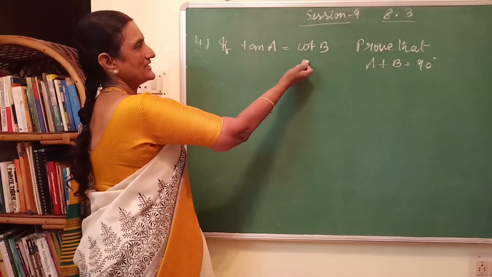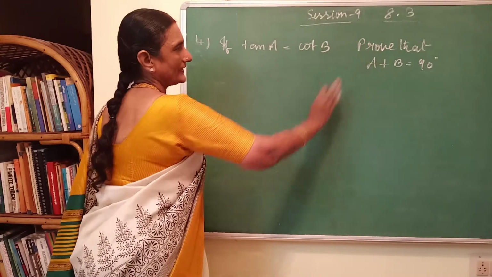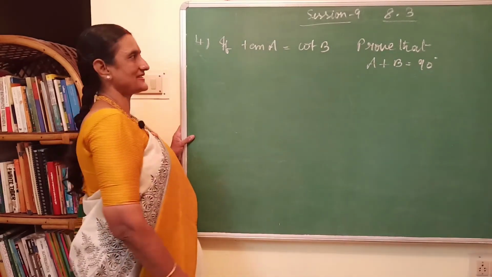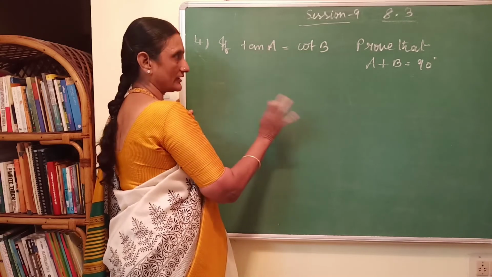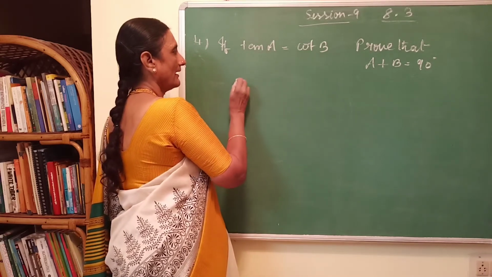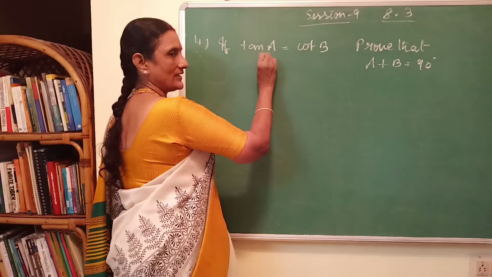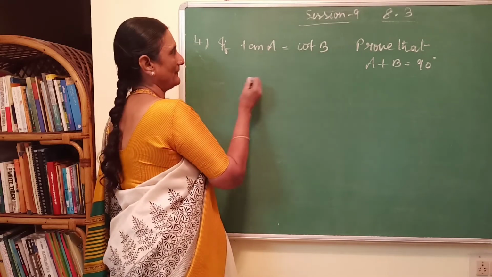Children, take down the fourth sum. If tan of A is equal to cot B, prove that A plus B is equal to 90 degrees. Now what is the rule? Tan of A is equal to cot B. That means any tan angle is equal to cot of its complement.